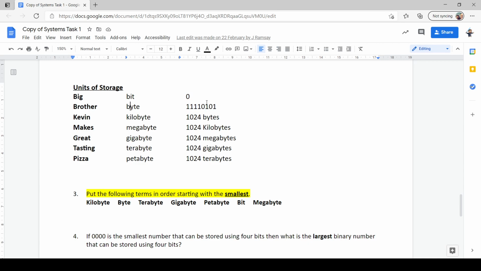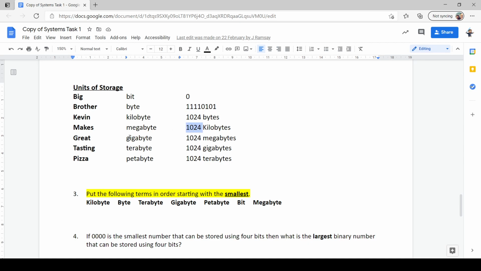The next one we're going to look at is a kilobyte. A kilobyte is made up of 1024 bytes. What that means is it's 1024 times one of these. A megabyte is 1024 kilobytes.